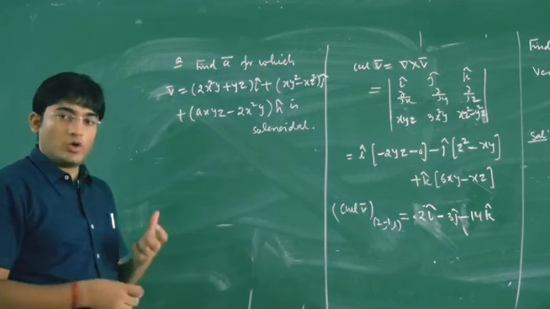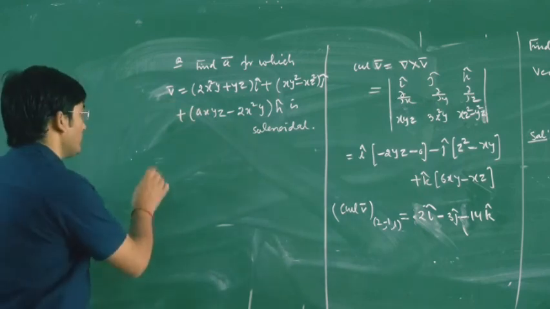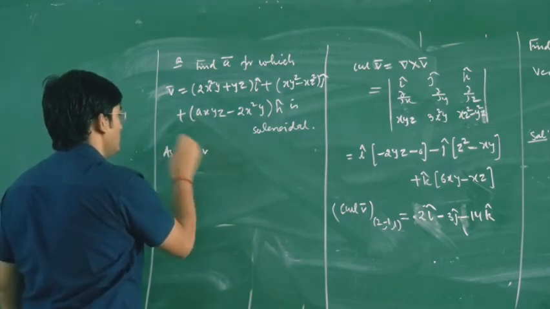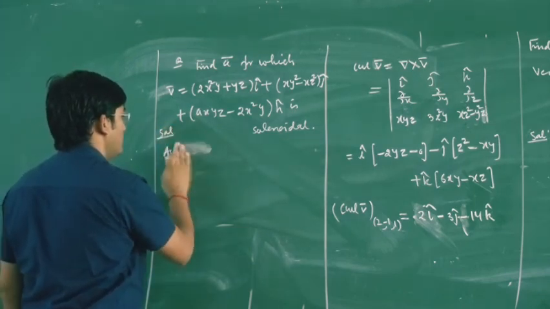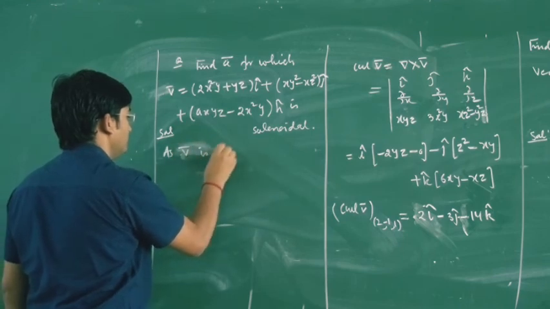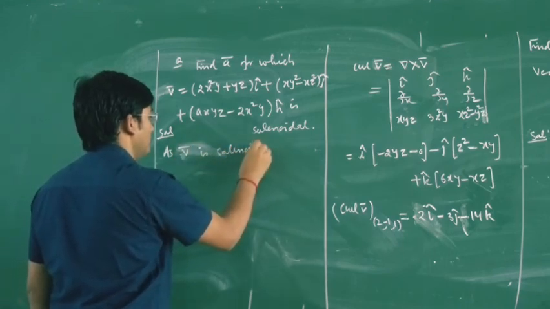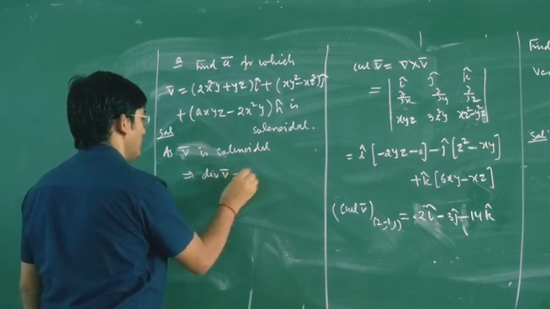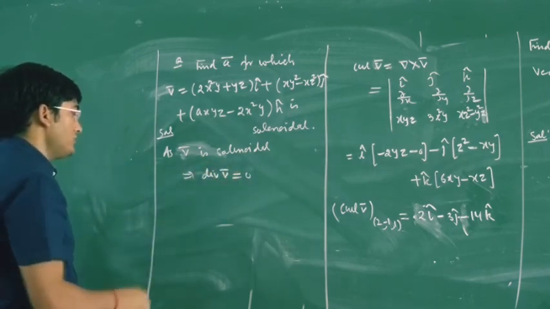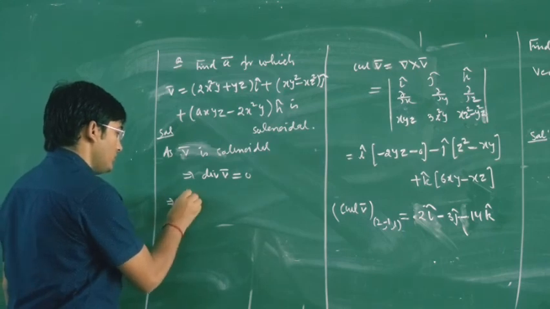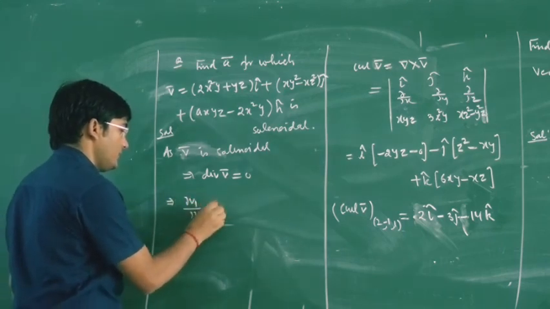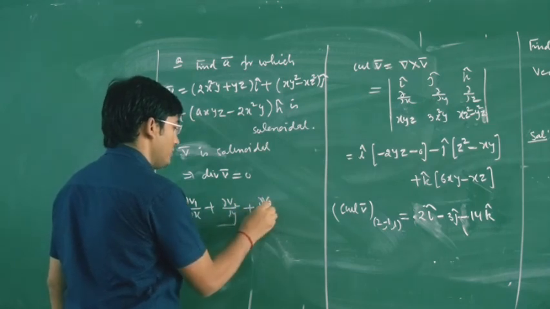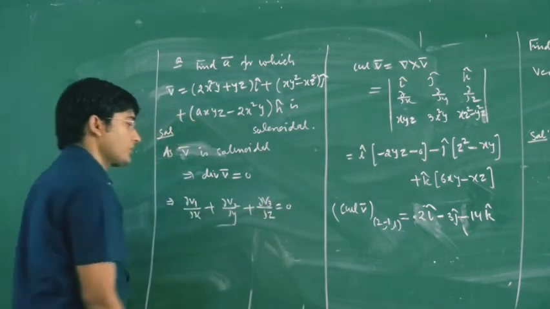As this vector is solenoid, divergence V will be 0. So if the divergence of V equals 0, then del V1 upon del x plus del V2 upon del y plus del V3 upon del z is equal to 0.